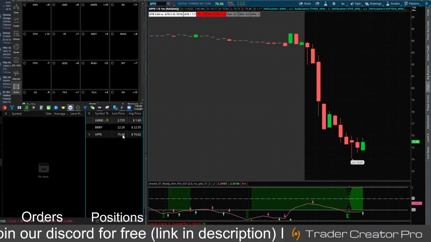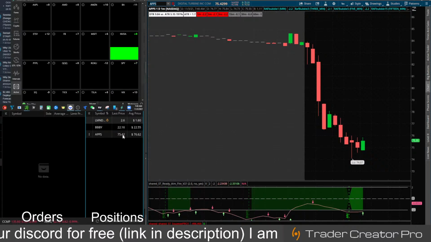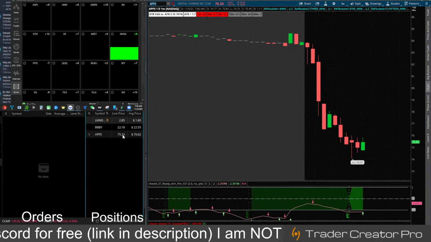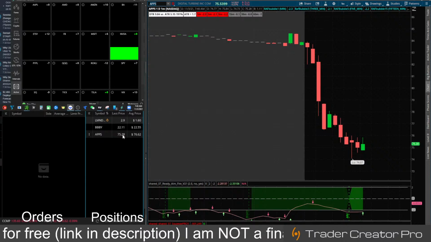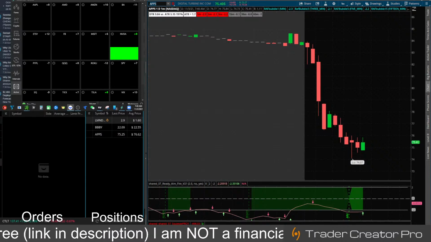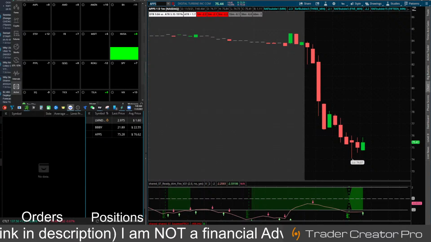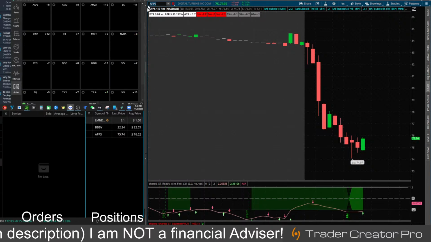Okay, I added to APPS, so I'm in at 76.62. I'll probably be getting out pretty much even. This is my goal. Okay, BBBY is right at my price where I probably will need to stop out.